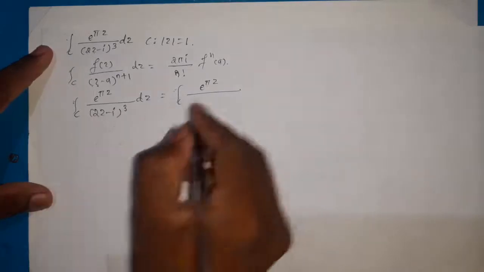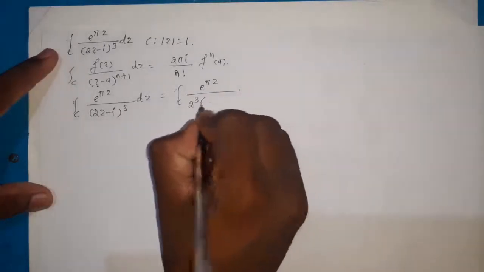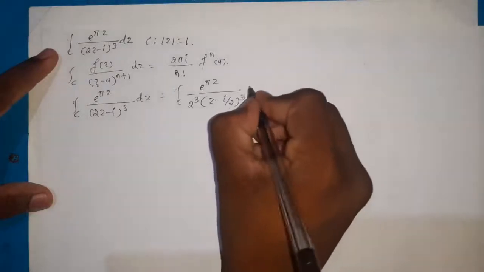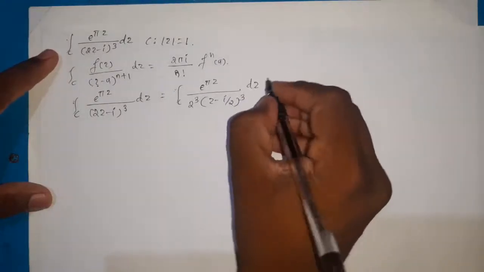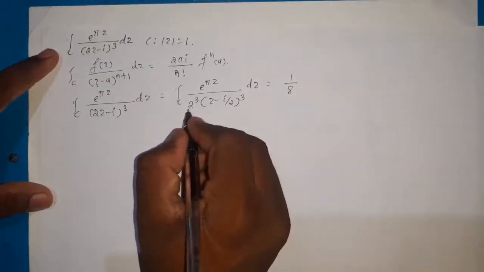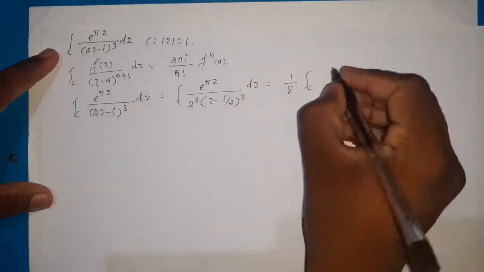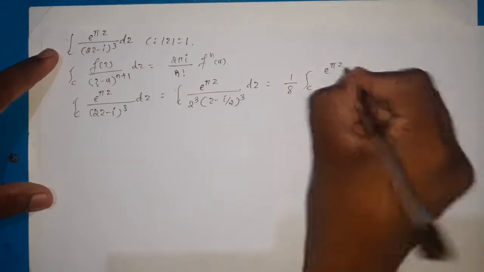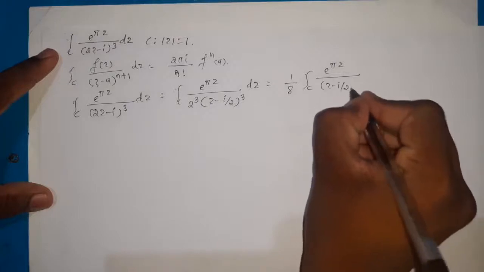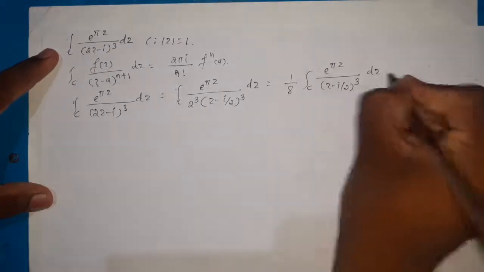Here cube is there, then that becomes 2 cube, then it is (z minus i by 2) whole cube dz. So therefore it is 1 by 8, because 2 cube is there. Then integration over C of e power pi z divided by (z minus i by 2) whole cube dz.